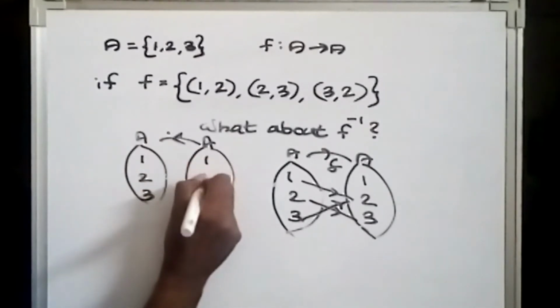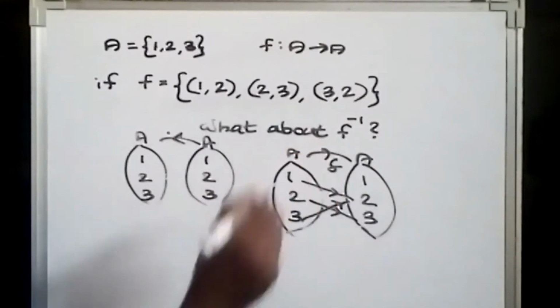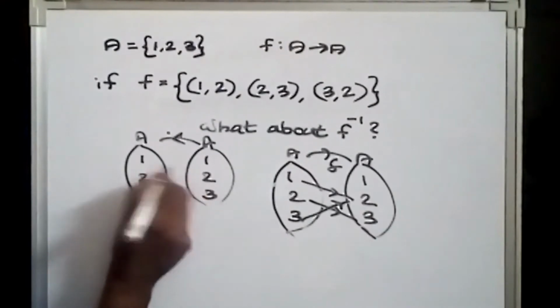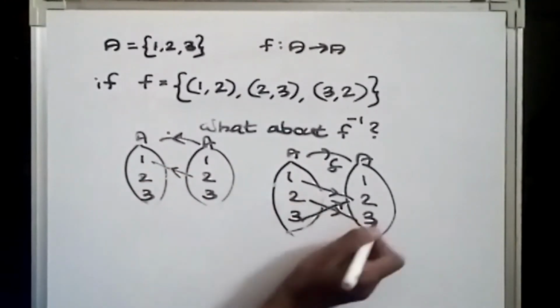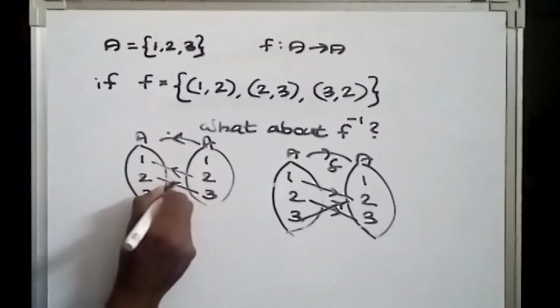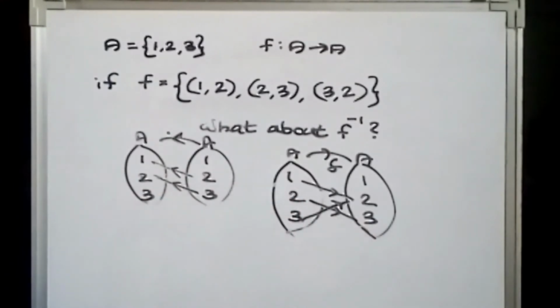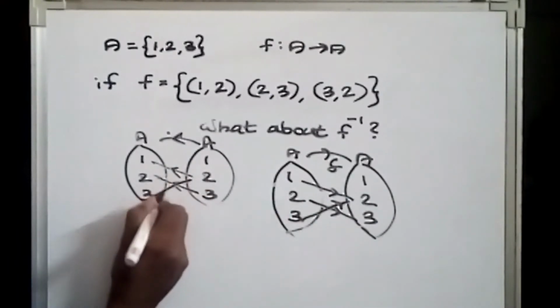Since 1 is related to 2 in F, if F inverse is possible, 2 should be related to 1. And since 2 is related to 3 in F, 3 should be related to 2. And 2 should be related to 3.